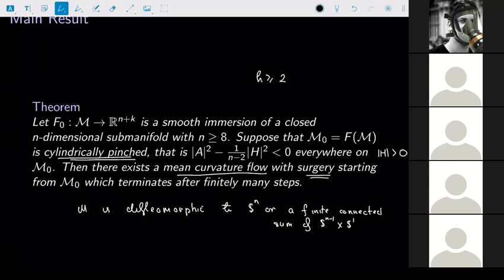So essentially it says that you can decompose the manifold into the objects which you think it is from the condition |A|^2 minus 1/(n-2) H^2.